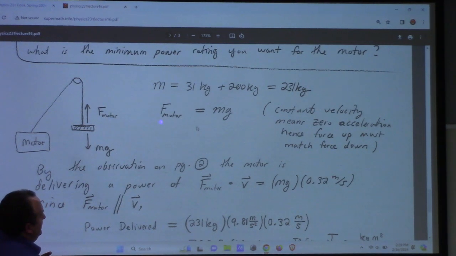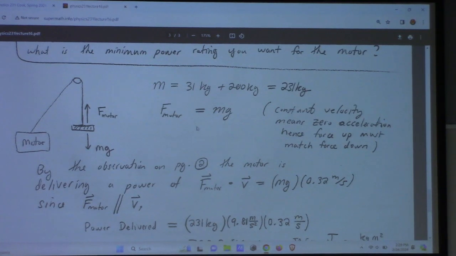So why do I know that the force of the motor is mg? Because your net acceleration is 0, so your net force is 0. Precisely, right. So if we're near constant velocity, the acceleration is 0, which means the motor force upward has to be equal to the gravity force downward, because those are the only forces involved here. There's no friction or anything else, right?